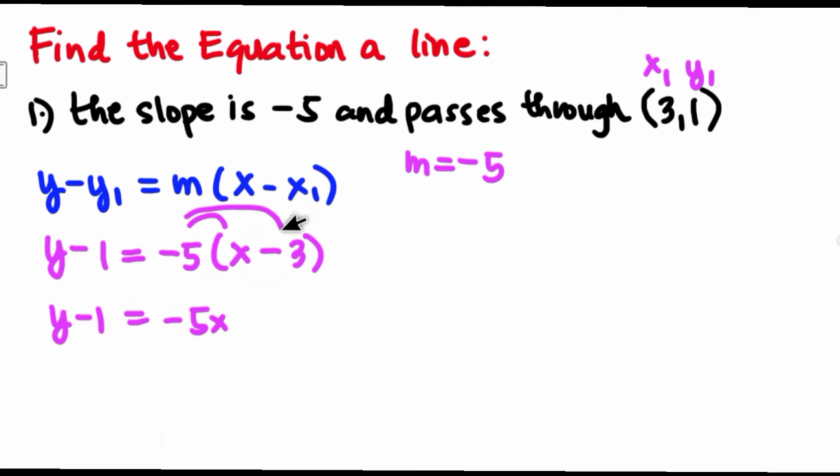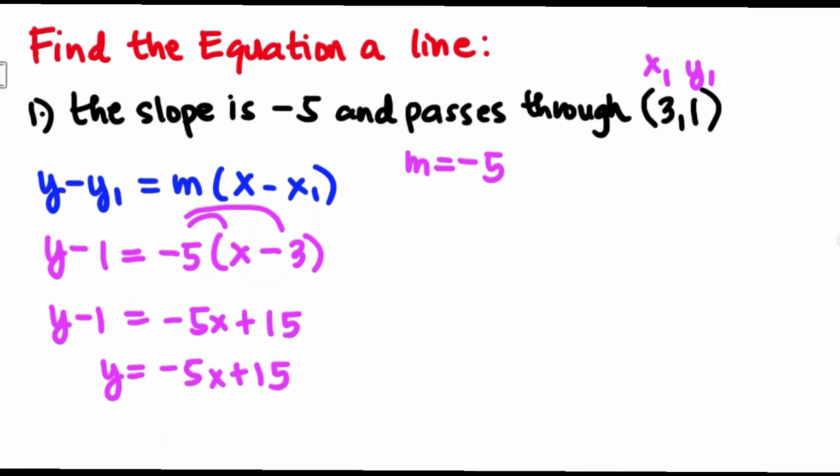And then negative 5 times negative 3 is positive 15. And then, pwede natin gawin na itong y is equal to mx plus b yung kanyang format. So, y minus 1 is equal to negative 5x plus 15.